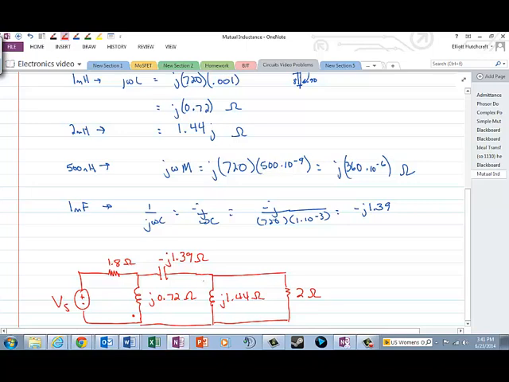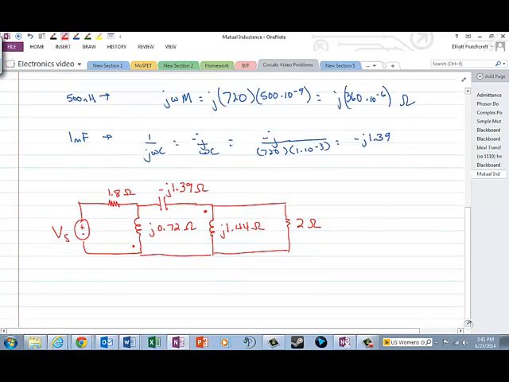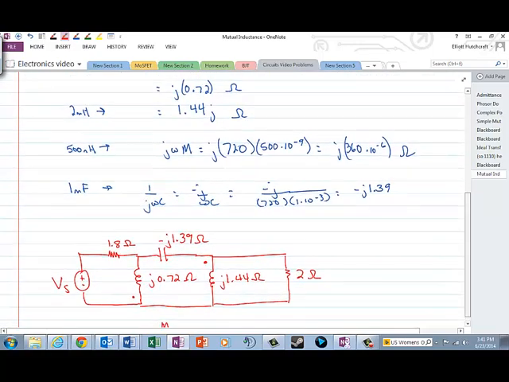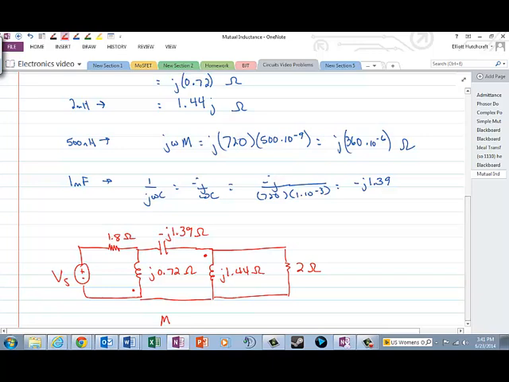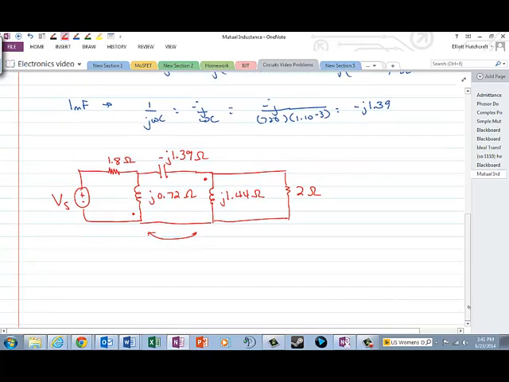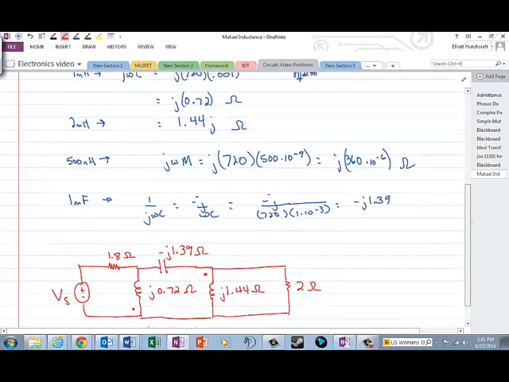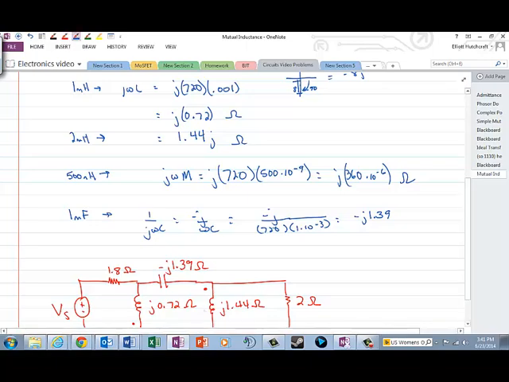Finally, the dot here is up there, and the mutual term is going to be j 360 times 10 to the minus 6 ohms, and that's j omega M. Now everything looks set up to actually do the problem.